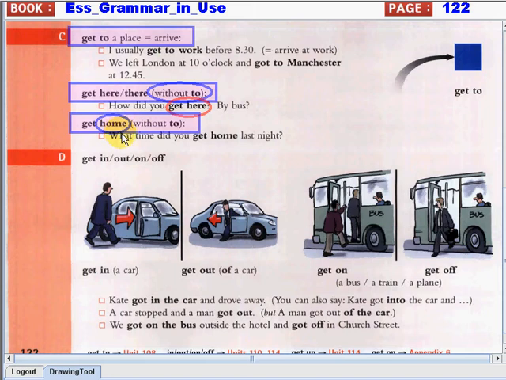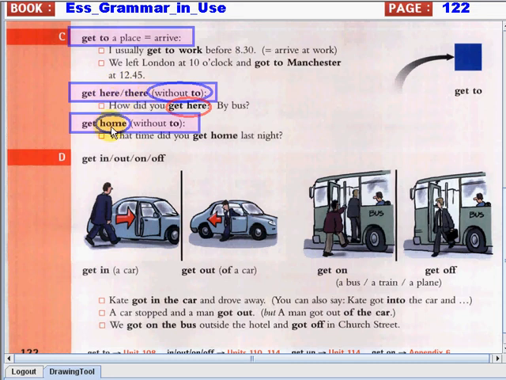Just simply say, get home. For example, what time did you get home last night? You will not say, what time did you get to home last night? If you do that, your sentence will be wrong. So again, don't use the word to if you will say get here or get there and get home.